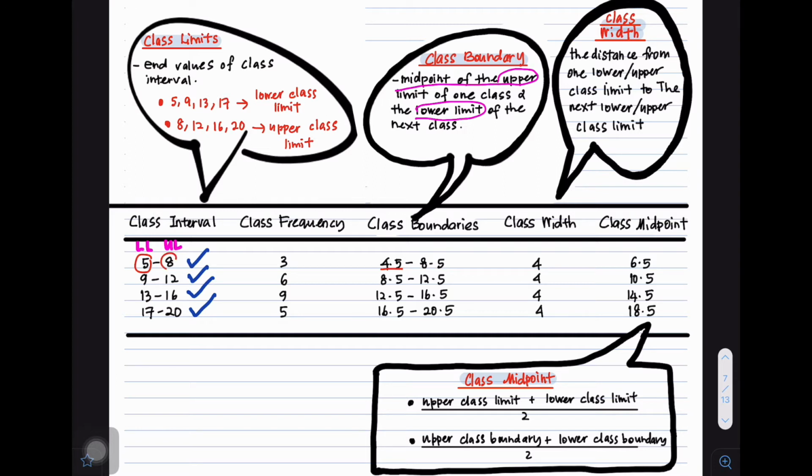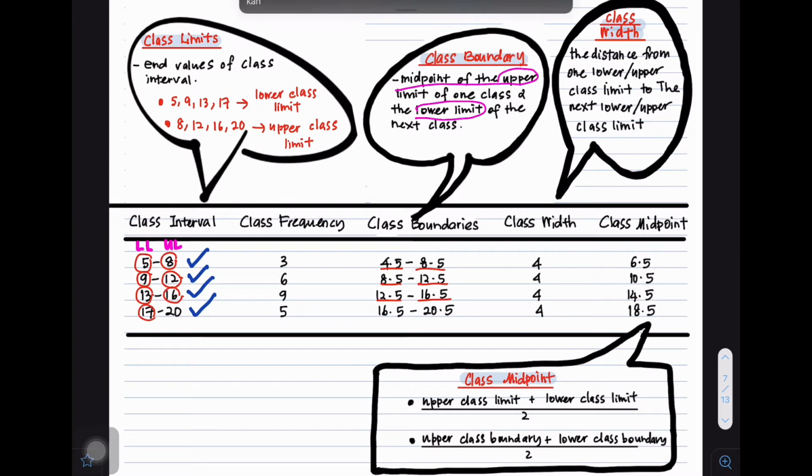So the upper limit is 8. 0.5 selepas 8 is 8.5. 0.5 sebelum 9, 8.5. 0.5 selepas 12, 12.5. 0.5 sebelum 13, 12.5. 0.5 selepas 16, 16.5. 0.5 sebelum 17, 16.5. 0.5 selepas 20, 20.5. So that is how you find the class boundary the other way.